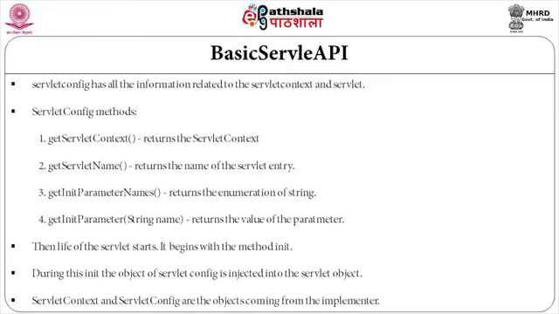One is getServletContext, so the servlet context which is common and corresponds to our web application is available. We have the method to get the servlet name, the name of the servlet object which is going to be created. We have the init parameter names and the init parameter value being available given a parameter name. These are the methods which we have in the servlet config.